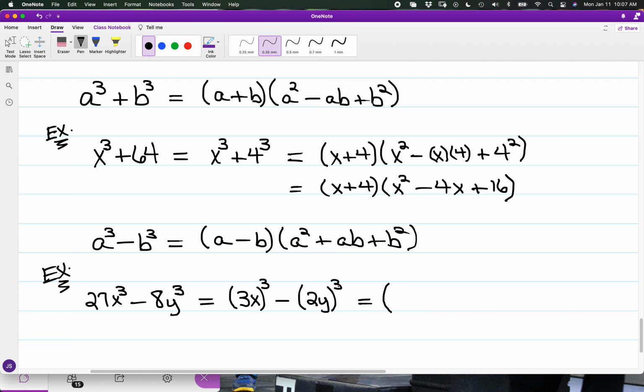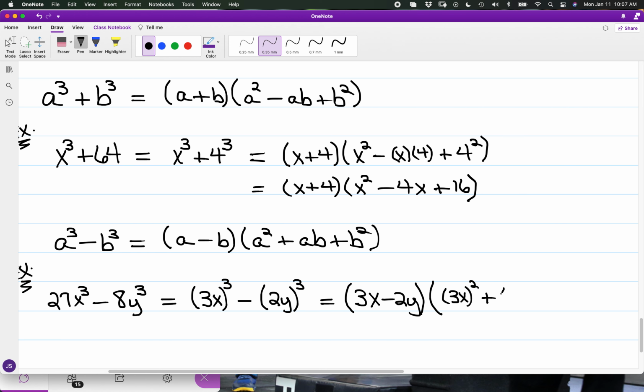Carrying over to what we had to represent A minus B, this will become 3x minus 2y. And representing A squared, okay, so we're looking at the square of 3x. And we have plus A times B, so A we have at 3x, B we have at 2y.